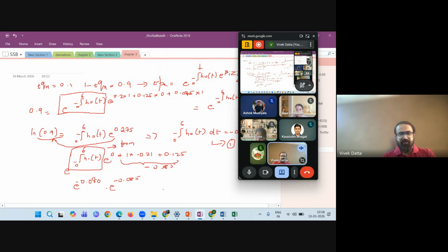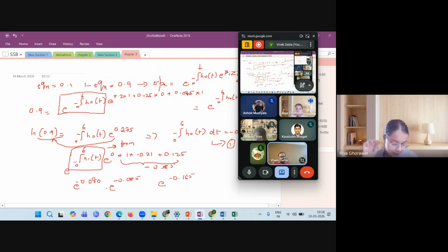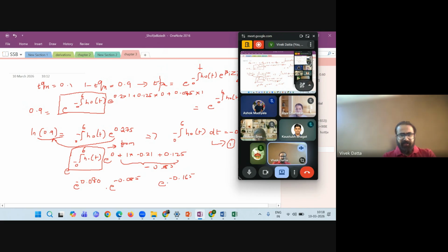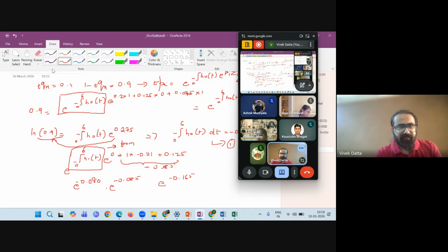What is the answer? e raised to minus 0.165, minus 0.0735075. Okay, sorry. There is an e raised to and then another e raised to. It's not combined. Tom, this is probably where you also made a mistake.